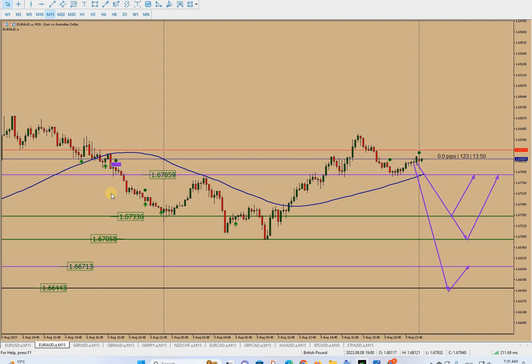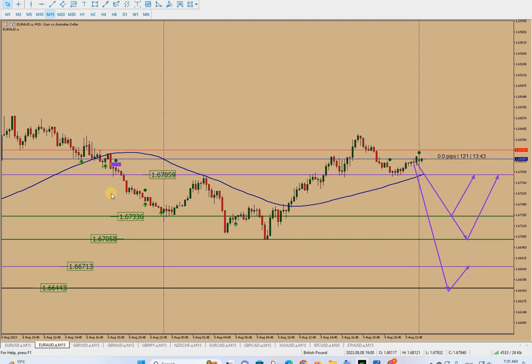So my partner developed this indicator, and it goes through so many things, like volume and all the data coming through, and then it gives us the level.